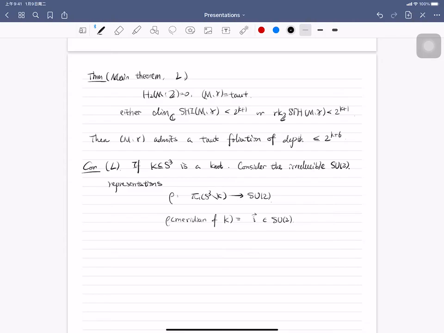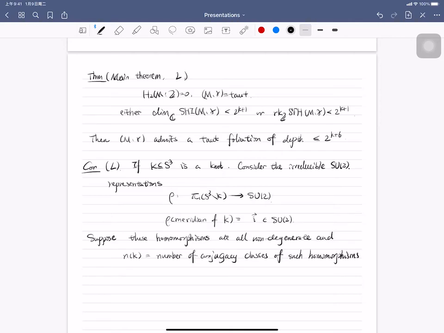Now suppose these homomorphisms are all non-degenerate, and the number of the conjugacy classes of such homomorphisms has a bound 2 to the k plus 1.